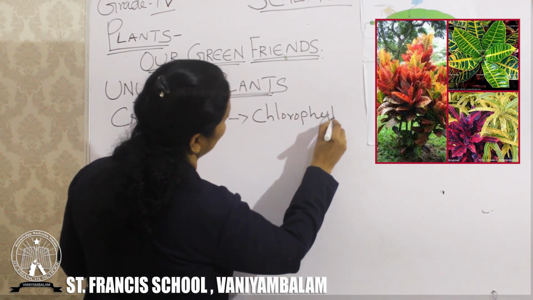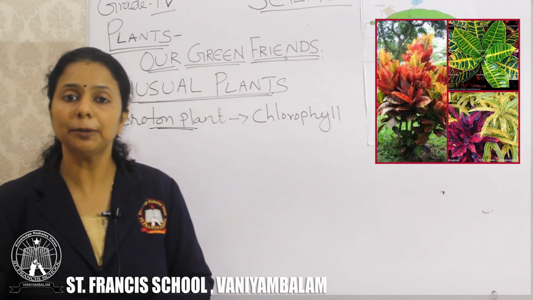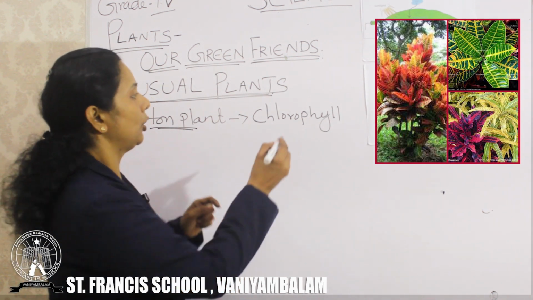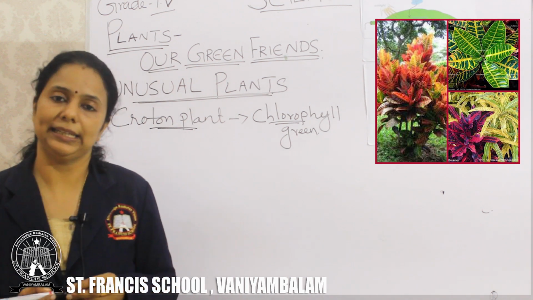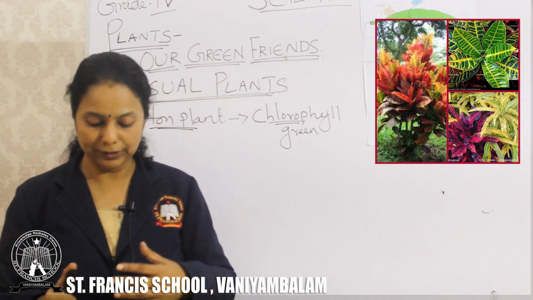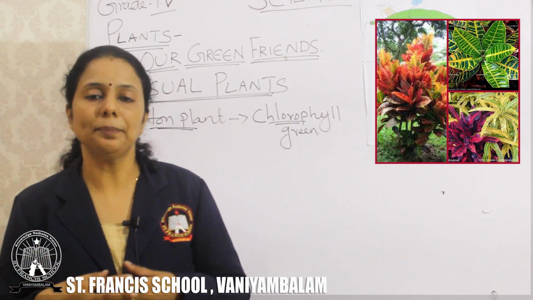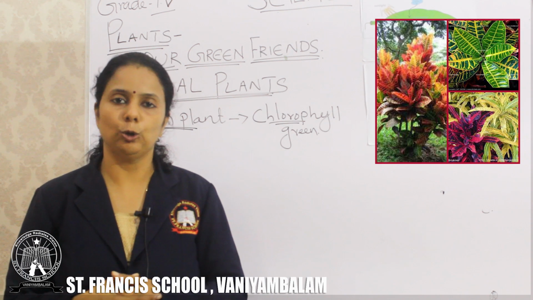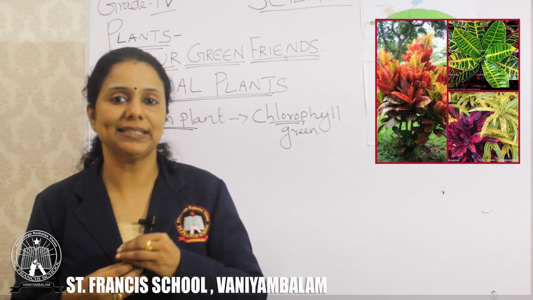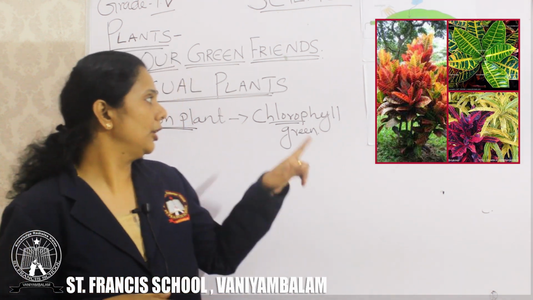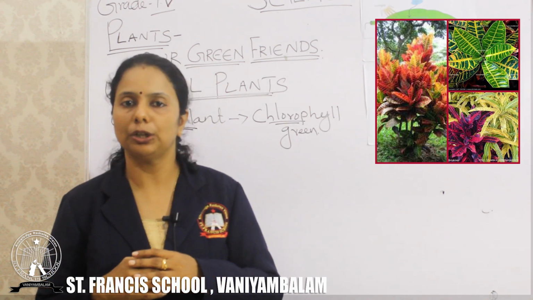But because of other colored pigments, like yellow or red pigment, we cannot see the green color of the chlorophyll. That is why the leaves are different in color.